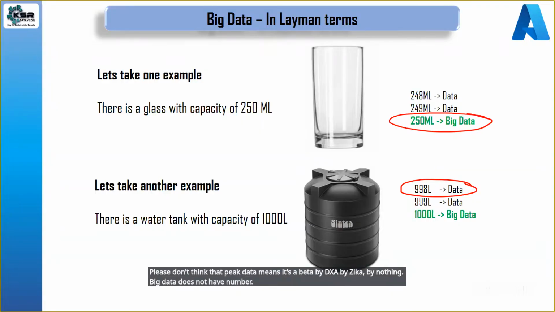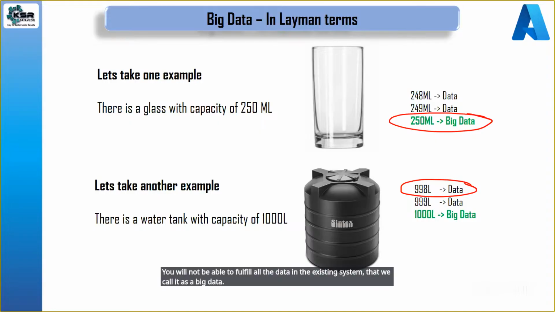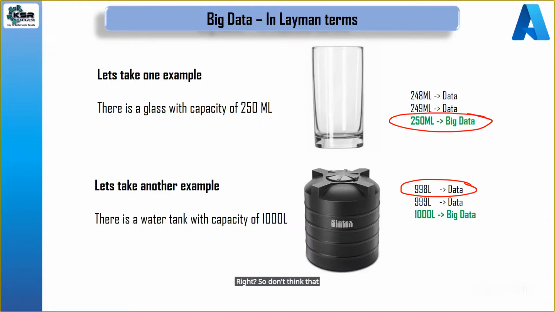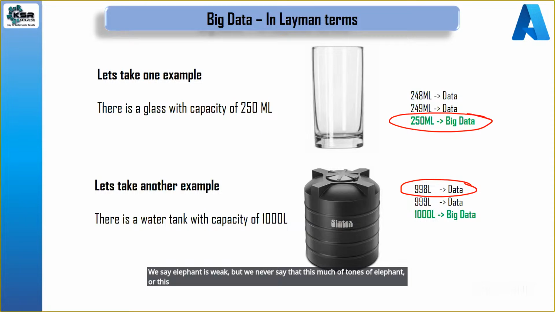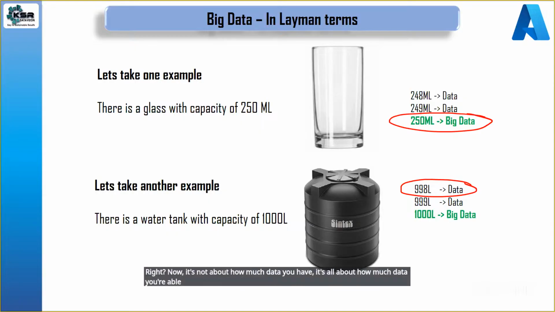The only way of defining big data is that there comes a day when you will not be able to fit all the data in the existing system. That we call big data. So don't think big data is something measurable. We say an elephant is big, but we never say this many tons of weight is big. Even a small baby elephant is still called a big elephant, right? It's not about how much data you have. It's all about how much data you're able to store in an available system.